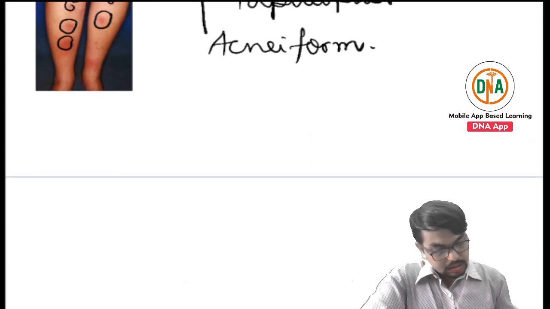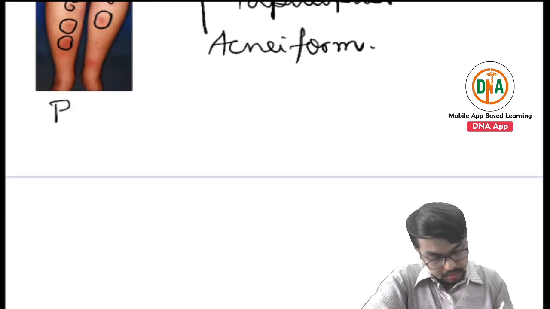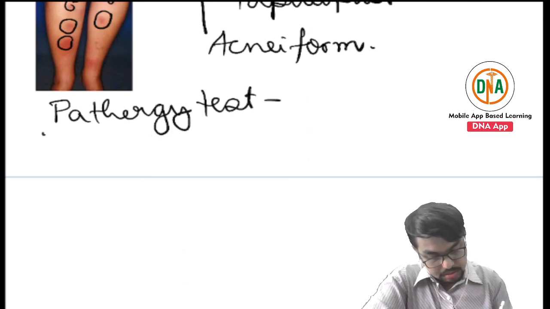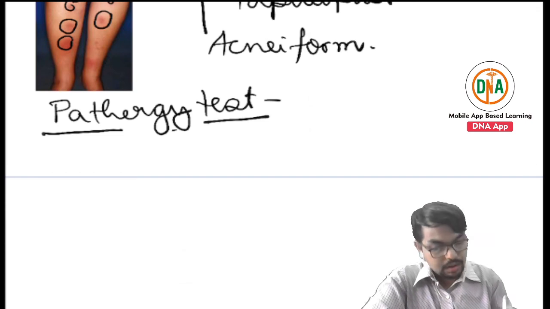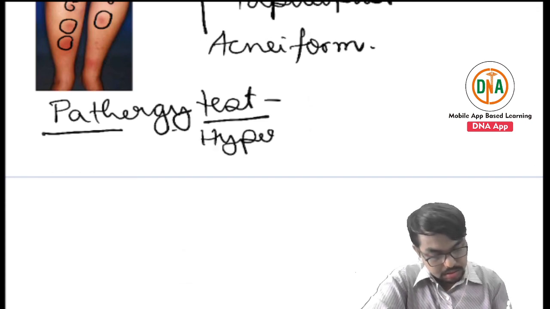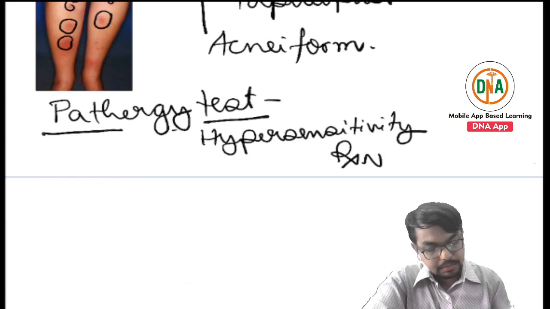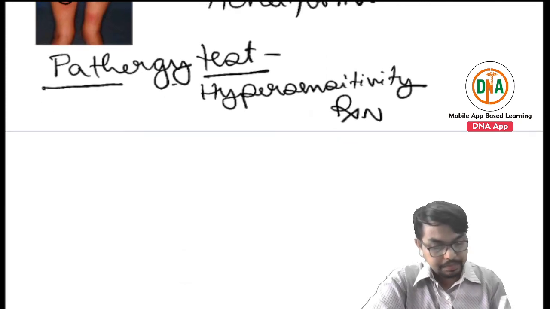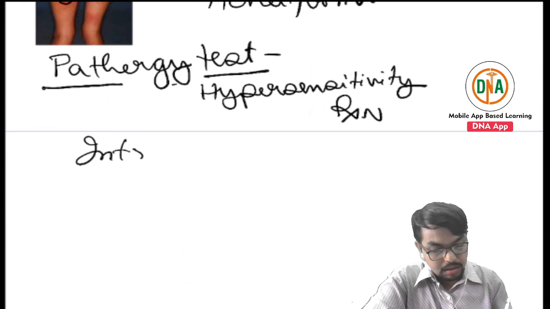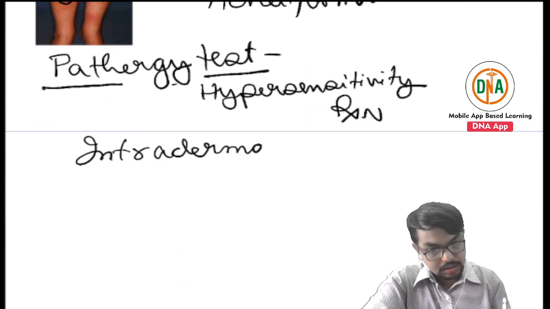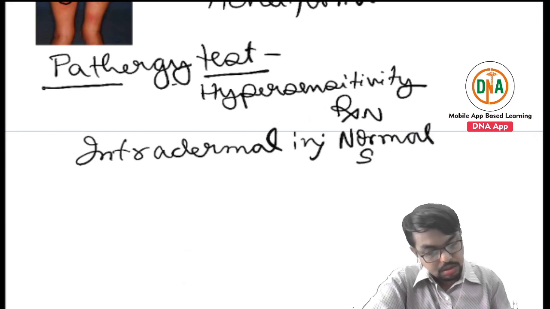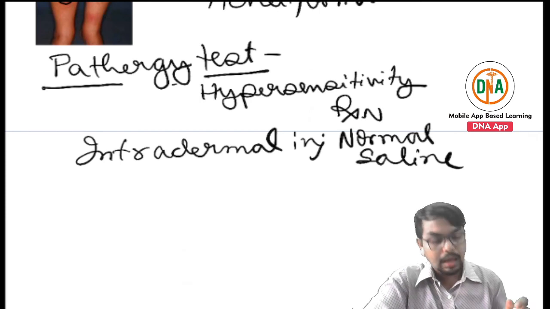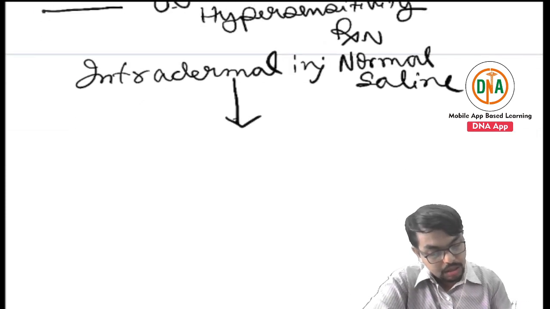What is the diagnostic test for Behçet? We do the pathergy test. It is a kind of hypersensitivity reaction. What we do is give an intradermal injection of normal saline, and we read it after 48 hours.